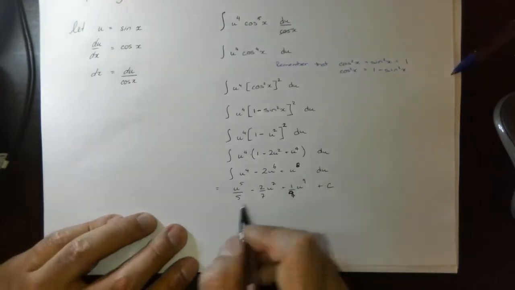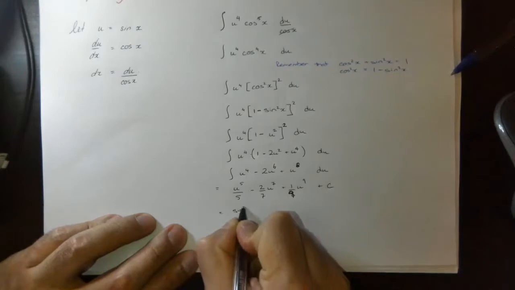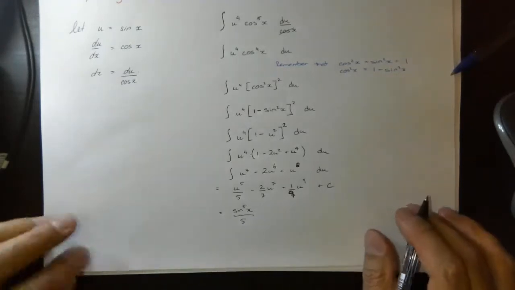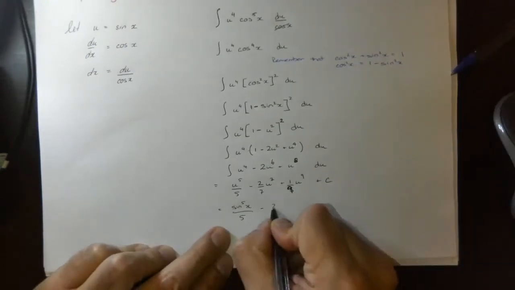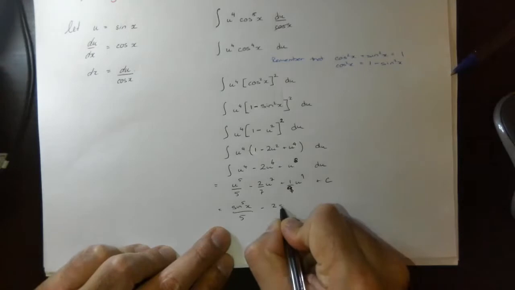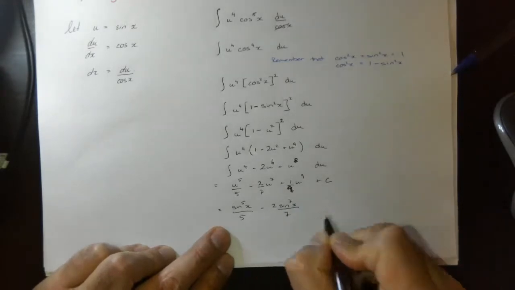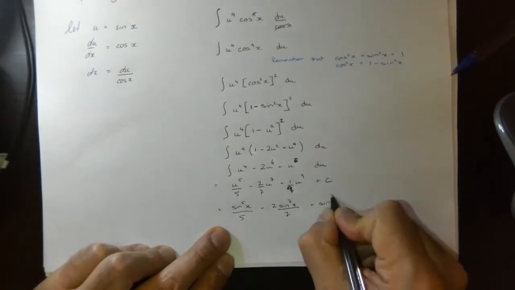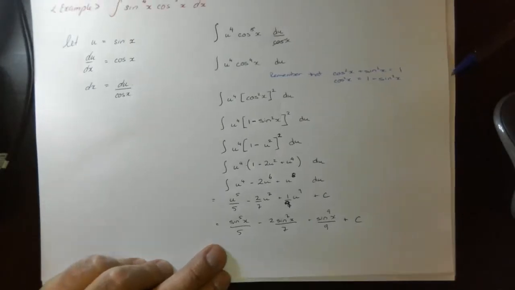Replacing u back with sine, so we get a fifth of sine x to the power 5 minus 2 sine x to the power of 7 over 7 plus sine x to the power of 9 over 9 plus c. Okay, so that's a little bit tricky.